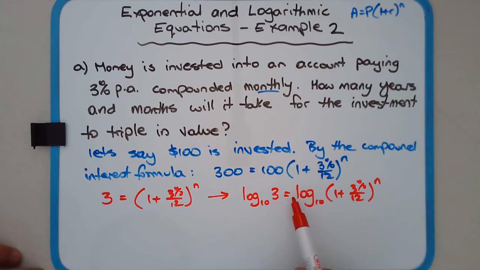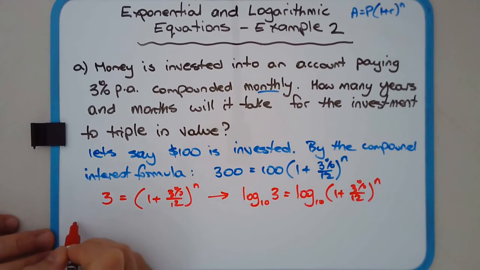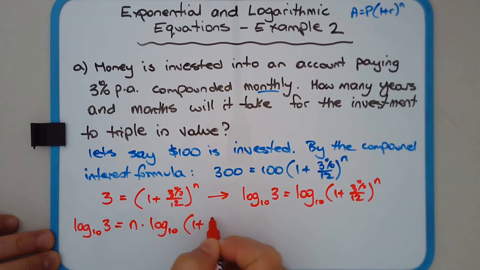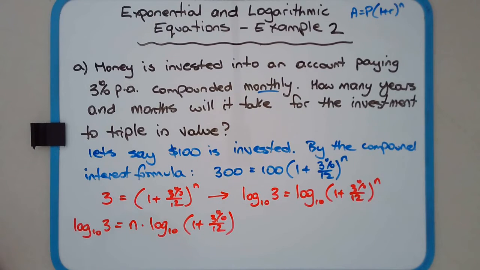Log law number 3 states that the n on the right hand side of the equation can move out to the front. So log base 10 of 3 is equal to n times log base 10 of 1 plus 3% on 12. So far so good. Then we're going to make n the subject of the formula.